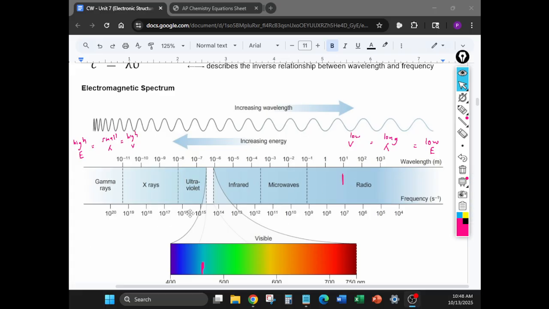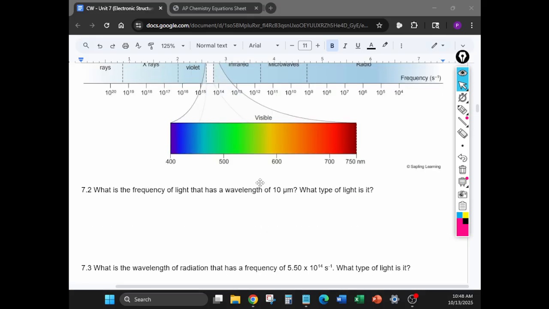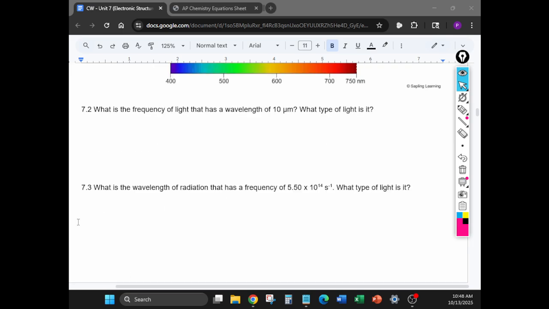All right, let's get into our first problem that has to do with this. If you have this chart up on your screen, that might be helpful. I want you to use just the equations and the graph up there to answer 7.1, 7.2, and 7.3. For the first one, you're looking for the frequency of light that has a wavelength of 10 micrometers, and then for the frequency 5.5 times 10 to the 14 waves per second, you have to determine what light it is.